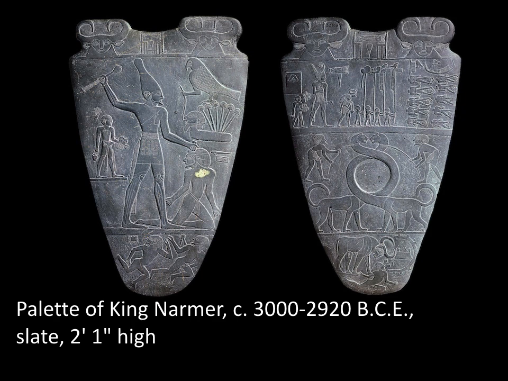So, just a little bit of background before we dive into the Palette of Narmer. The ancient Egyptian world, in particular, was broken down into different stages, and we're going to start with the Old Kingdom of Egypt. The Old Kingdom of Egypt is really incredible because we get to see a written language.